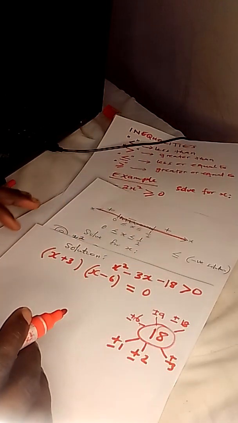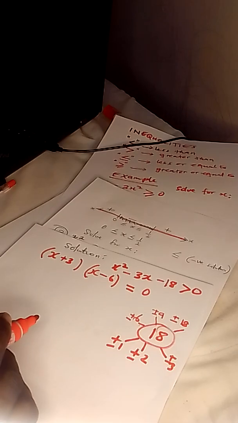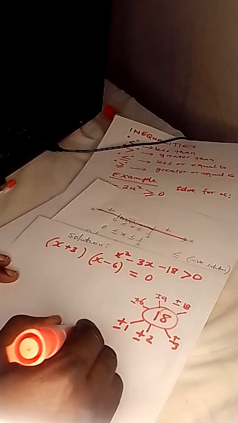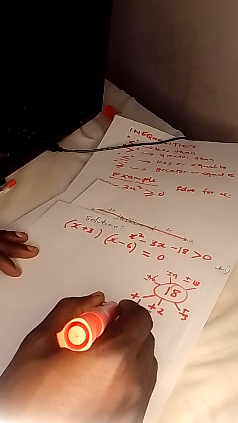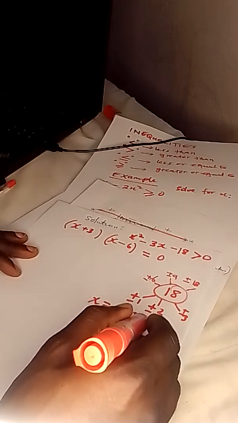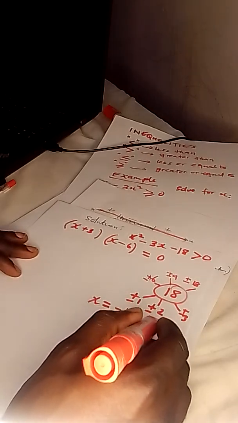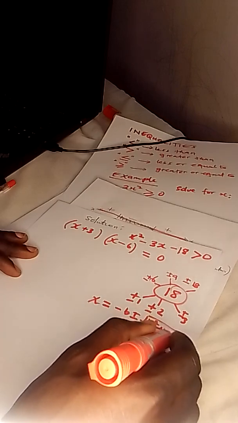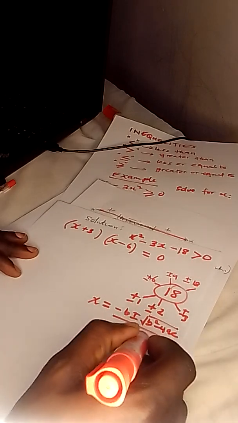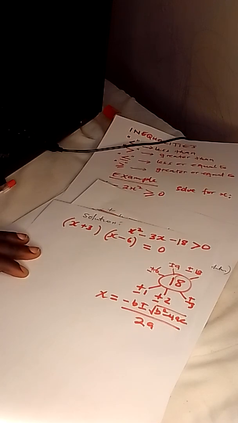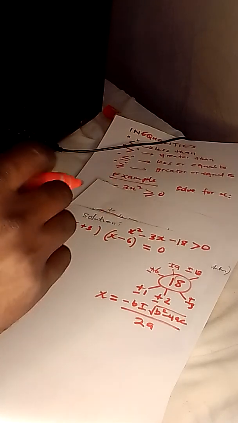So that's why I'm saying for those of you who cannot do this approach, quickly use your quadratic formula, which is x is equals to negative b plus minus square root of b squared minus 4ac all over 2a. Fortunately, the formula is given to you in the formula page. Then you substitute a, b, and c into it, and then you get the critical value.